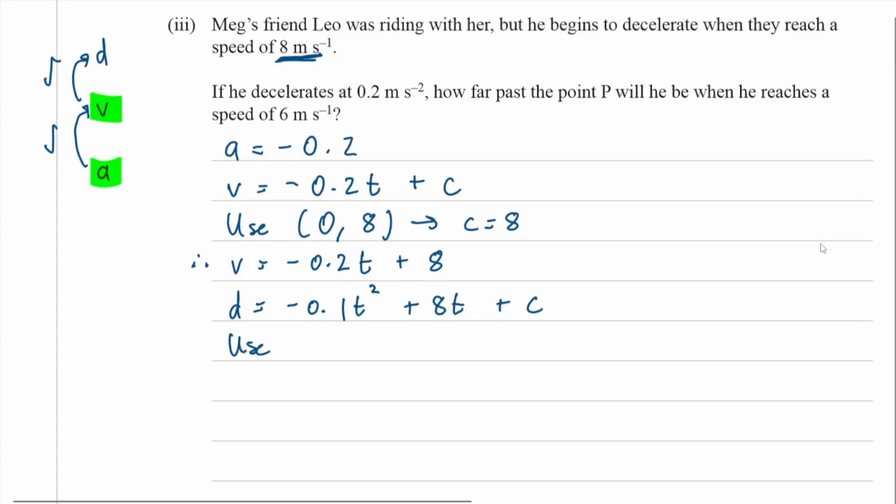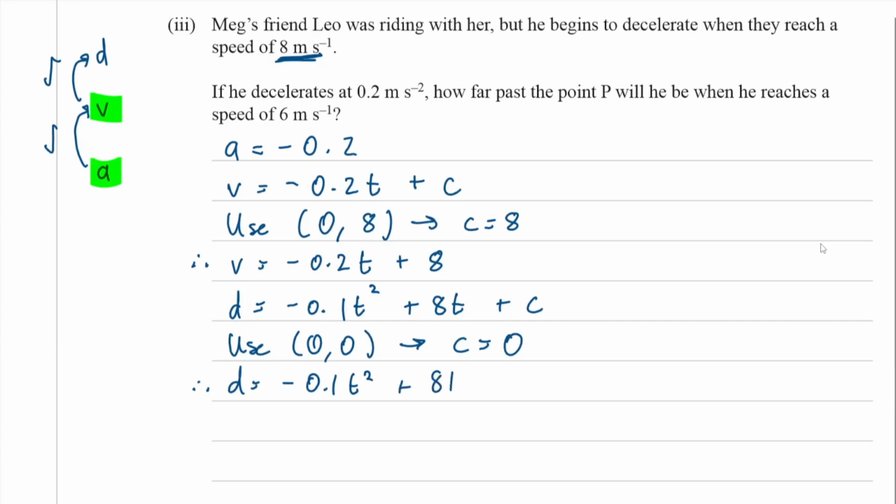So use 0, 0, and we find obviously that his initial distance is 0. In other words, c is 0. So his distance equation is minus 0.1 t squared plus 8t. That's not from point P, right? This is from Q. So we have P, they travel some distance, and now we're considering this section here, right?